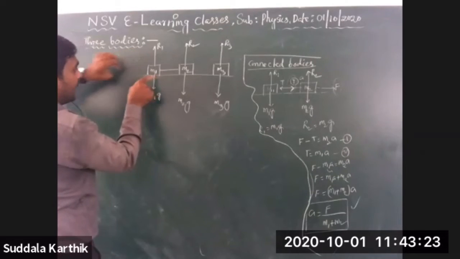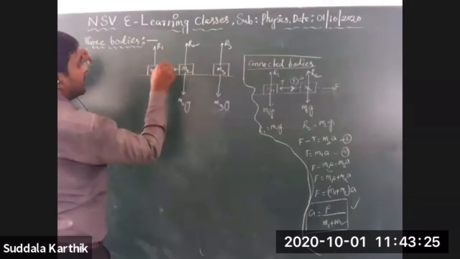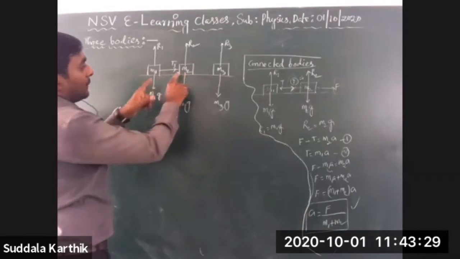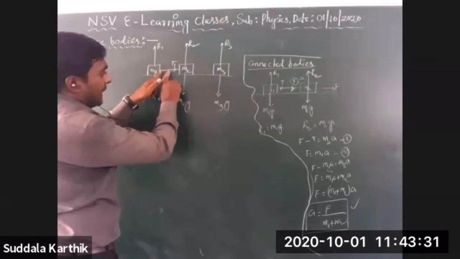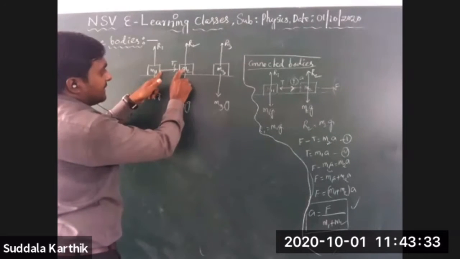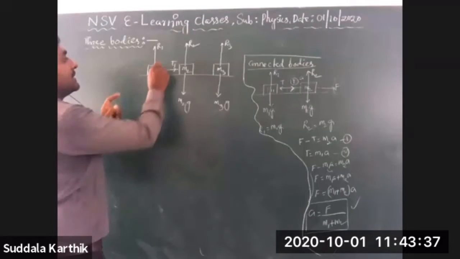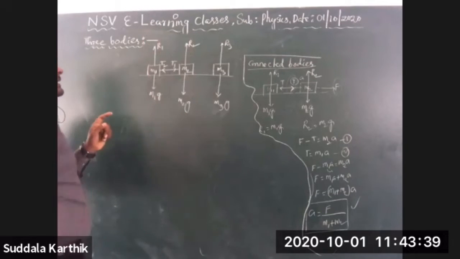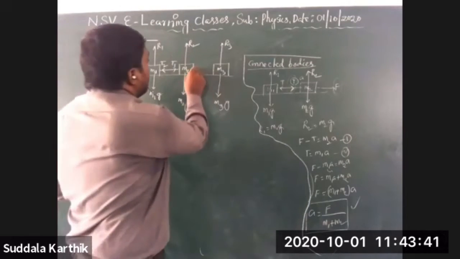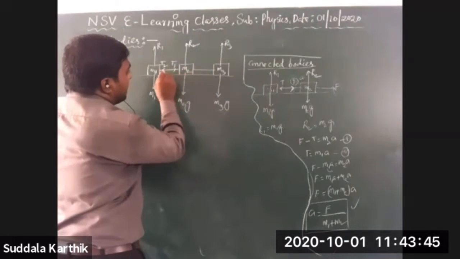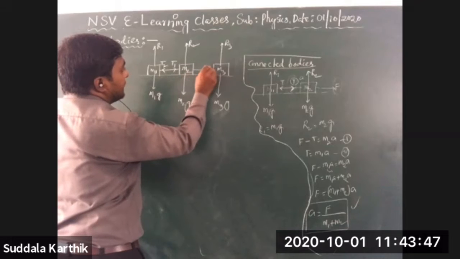I attached one mass to this string. It is pulling in this direction. Definitely this is T1, developed by this one. Now I have attached this mass to this string, so tension is developed in this string due to this one. That is T2. Now in between these two, one string is there, and the tension developed in the string is in this direction.